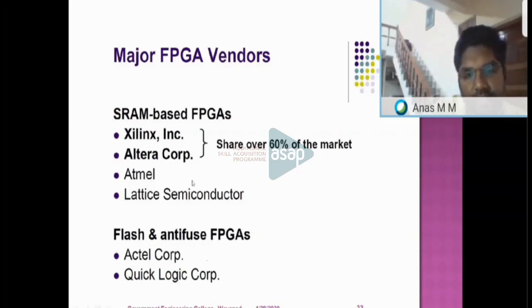These are the various FPGA vendors available in the market. Xilinx and Altera share 60% of the market. In most academia and industry, you will observe that people use FPGAs manufactured by Xilinx or Altera.